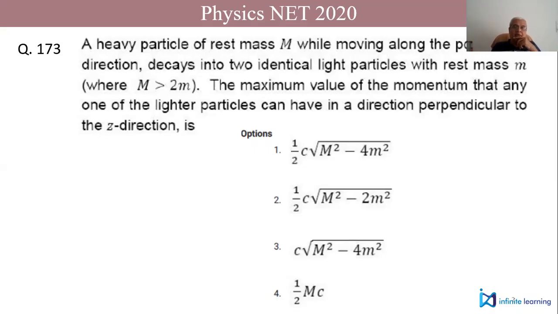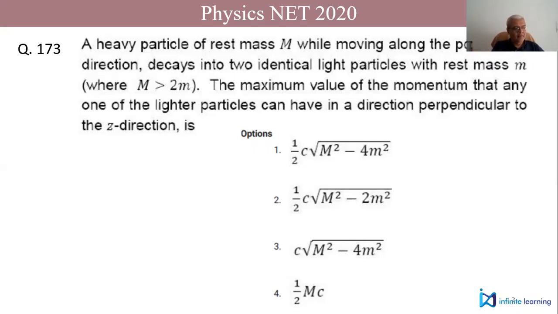But here, we don't know what is the speed of the initial heavy mass, capital M. So, sir, we have two masses m and 2m, and in the equation we have p square.